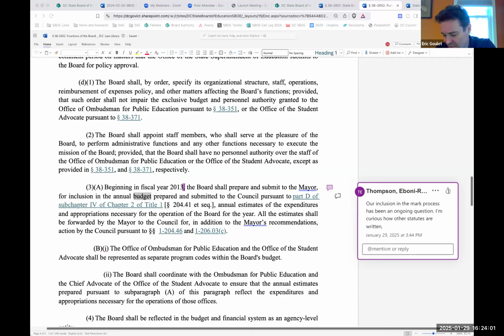Darren, if you could make a note, it's section 38-621, in another portion of the code, subsection G. I think we just need to repeal this because I don't think it applies anymore.